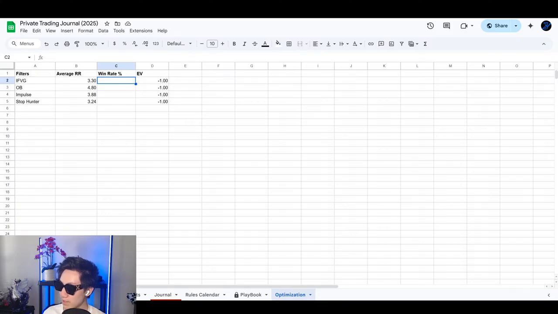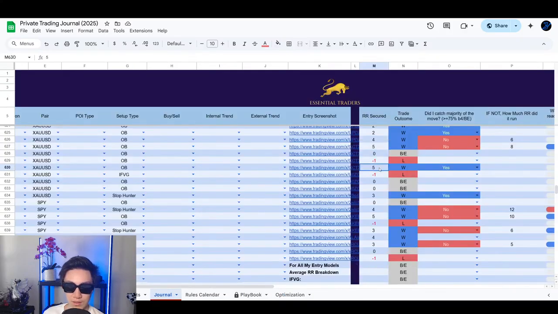There's 2 different ways we can approach this here with the win rate percent. One way we can approach it is using counting numbers that are not zeros, because zeros are neutral, but we can consider basically numbers that are above 0 as winners, and obviously -1 is losers.